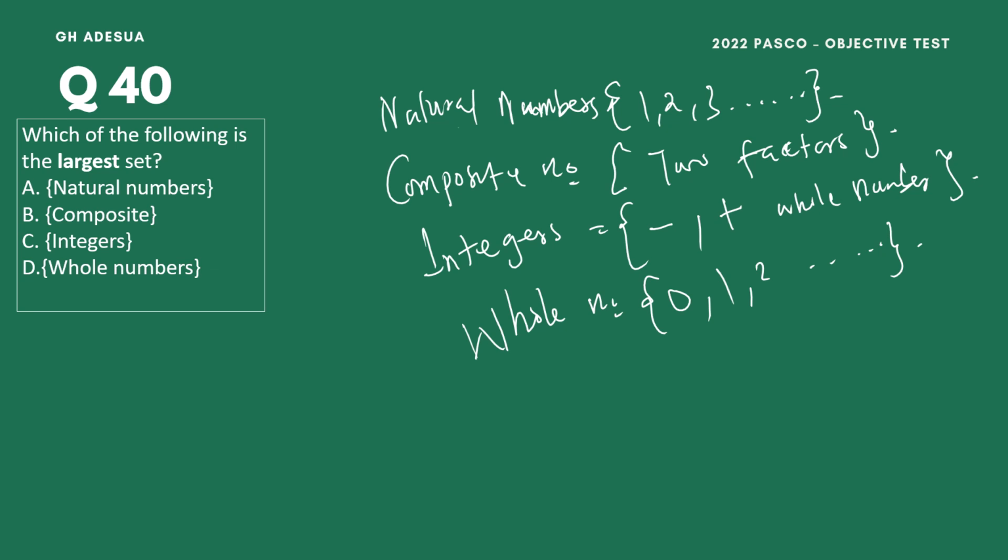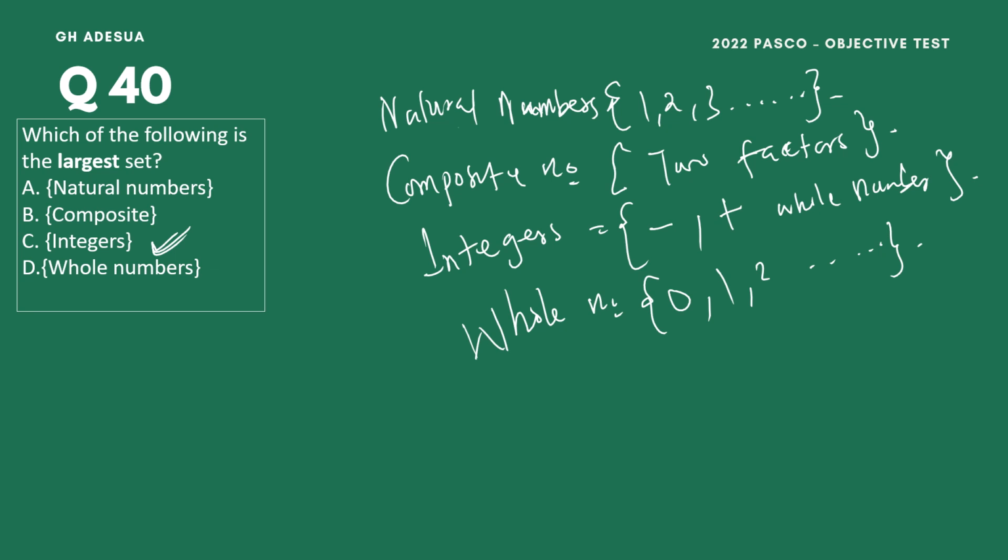Whereas the other ones just start from a point and move on. Integers have the negative side and the positive side. So when you blend the two, it becomes a very large set. So in this case, the answer would be integers, that is C.